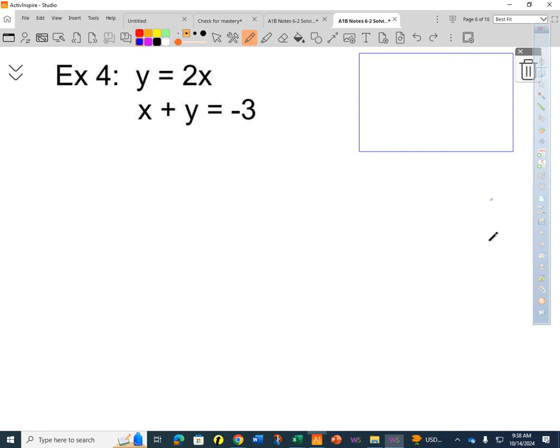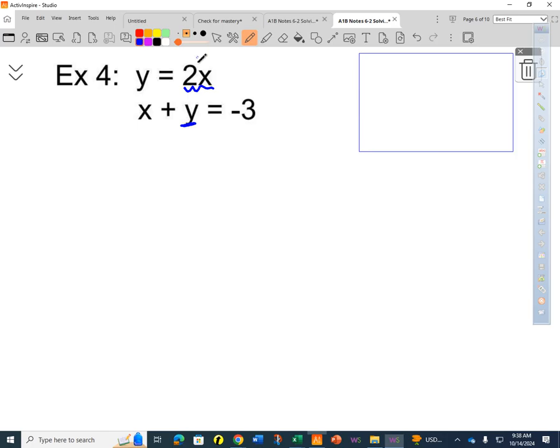I can't plug in the y coordinate already, but I do know that y is going to be the same as 2x. So here, I don't have a numerical value for y. I know instead of y, I could write 2x, right? Because this says y is the same as 2x.